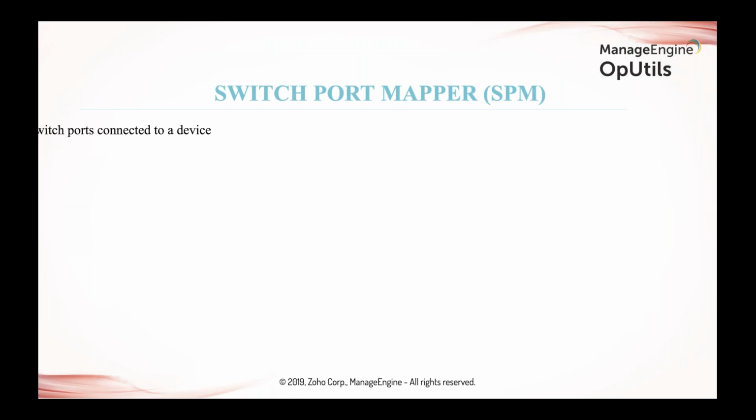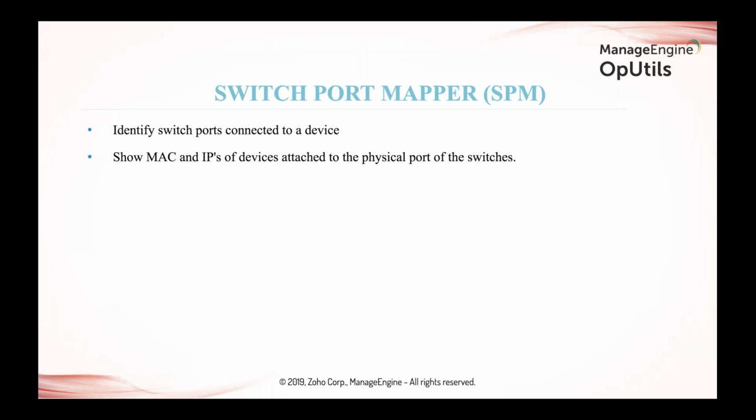Under the switchport mapper, a user can easily identify which switch ports are connected to a device and see the MAC to IPs of the devices attached to the physical ports of the switches. A user can gain visibility into the IP, MAC, VLAN status and also the availability of the ports.